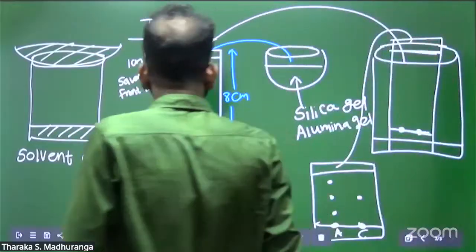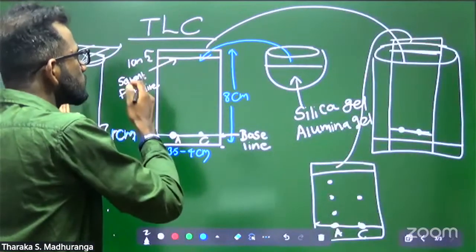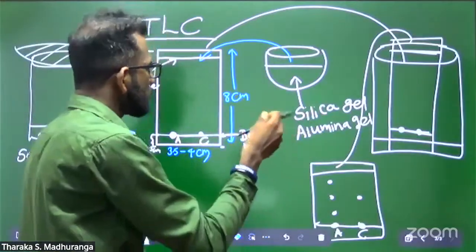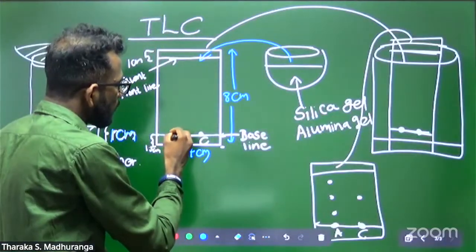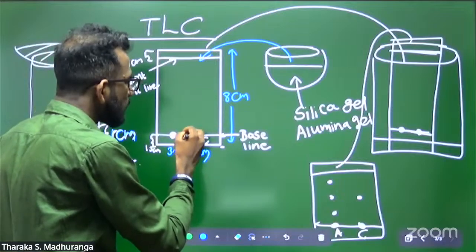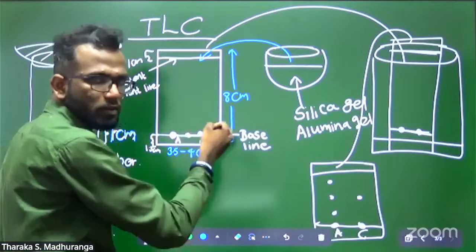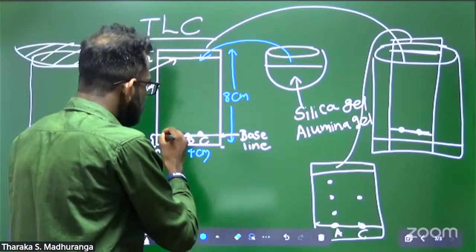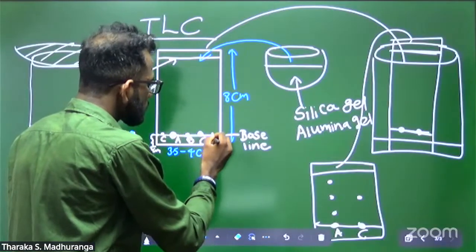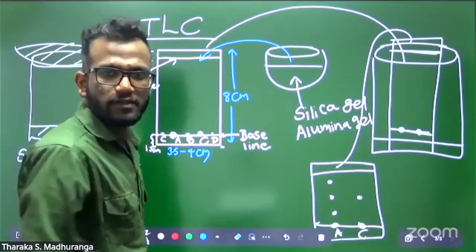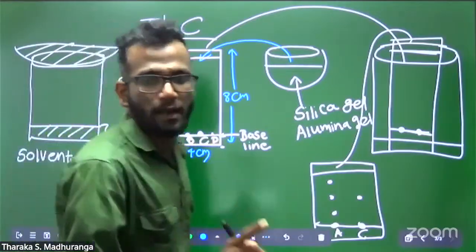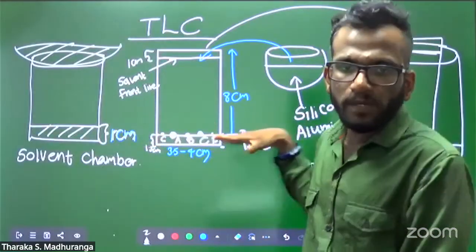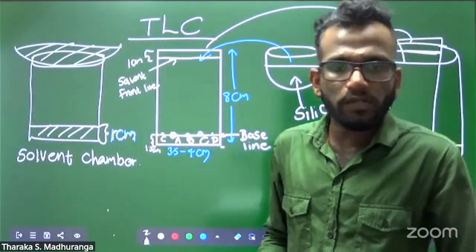After that, before the 20 minutes, using a glass rod, you have to put samples, and you can add more than one sample: A, B, C, D. You can add more than one sample, and one control sample must be placed on the baseline, and crude product samples you can add on the baseline.